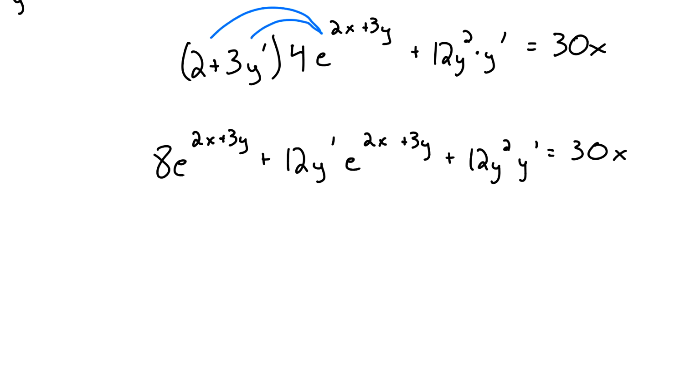So now I see here my two y prime terms. I've got those by themselves, which is really nice. I'm going to move this 8e to the 2x plus 3y power.